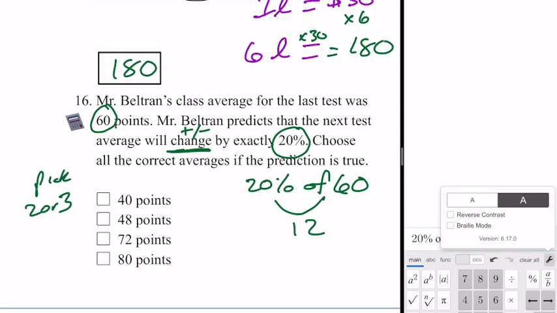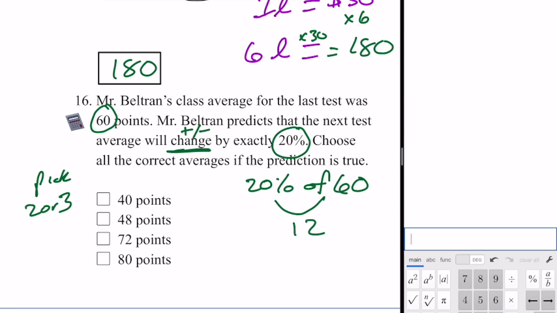Well, think about what this means. I want to find 20% of 60. That's technically 20% times 60. It's technically multiplying, that's all it's doing. So you're multiplying 20% times 60, and you get 12.